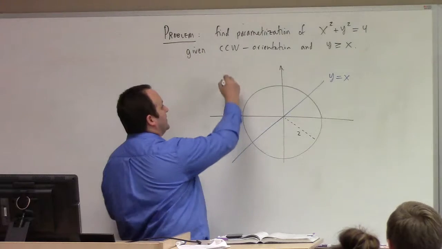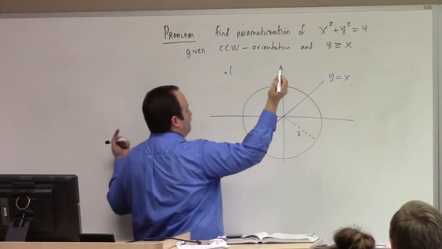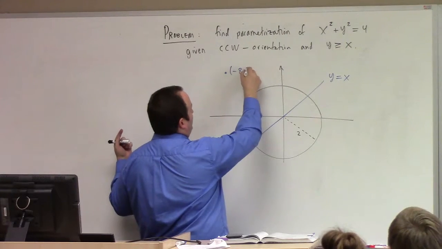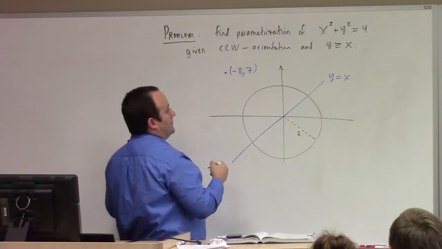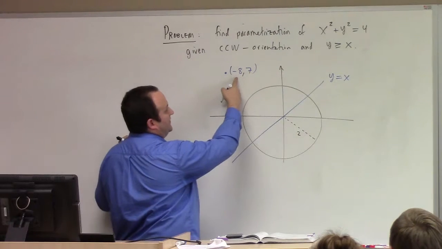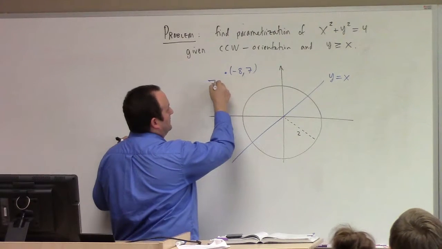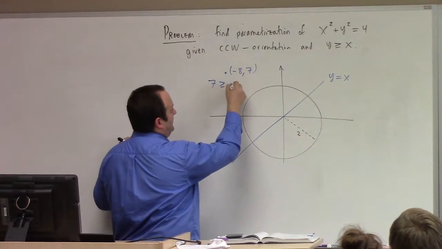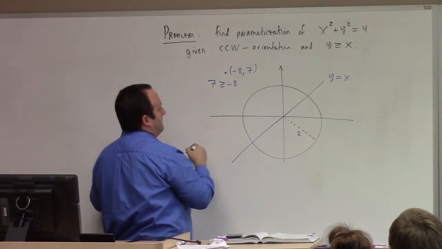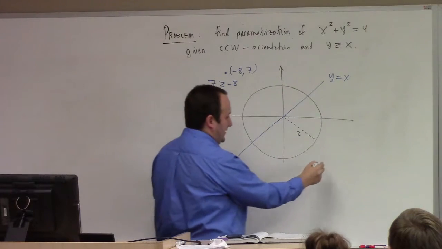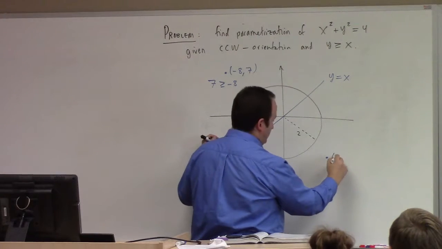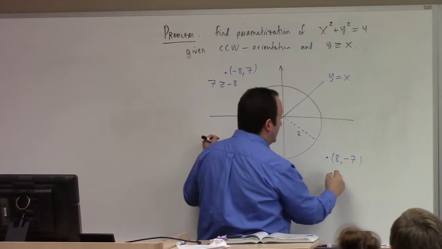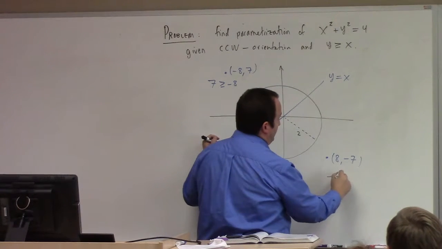Tell you what, let's pick a point. Minus 8, 7, right? What do we got? So x equals minus 8, y is 7. Is 7 greater than or equal to minus 8? On the other hand, if you pick any point down here, say 8, minus 7, then you'd have y equals minus 7.